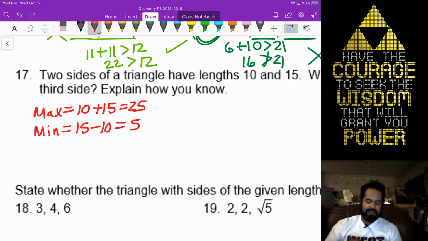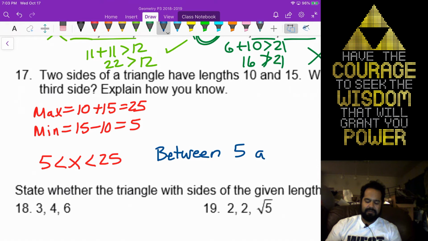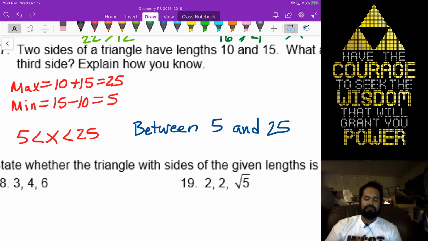It's going to be the inequality, or you can say it as a short sentence, between 5 and 25. Either or. In terms of explaining, all we're really doing is using our triangle inequality. That's really all we're doing.